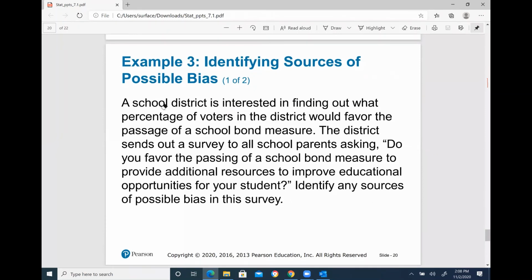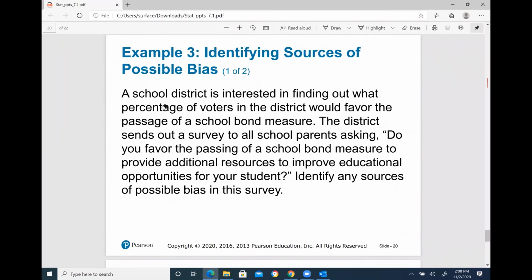Identifying sources of possible bias. A school district is interested in finding out what percentage of voters in a district would favor the passage of a school bond measure. The district sends out a survey to all school parents asking, do you favor passing of the school bond measure to provide additional resources to improve education opportunities for your students?